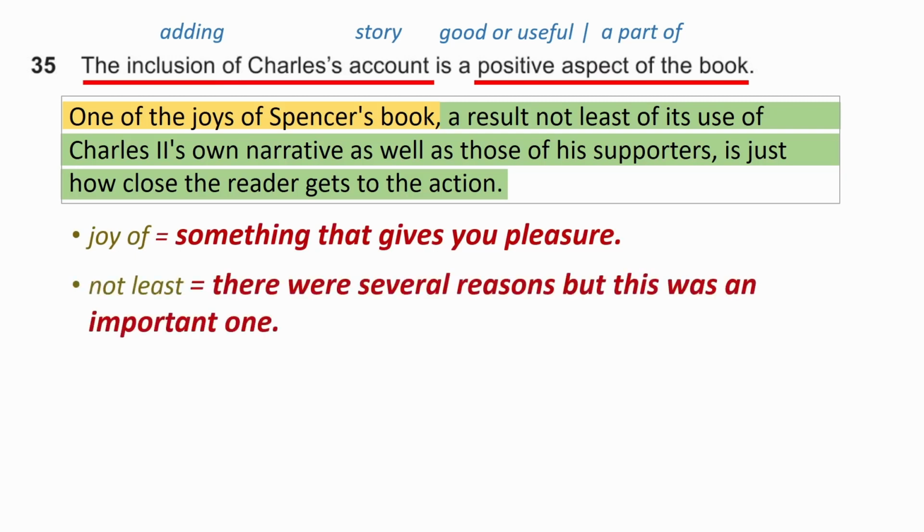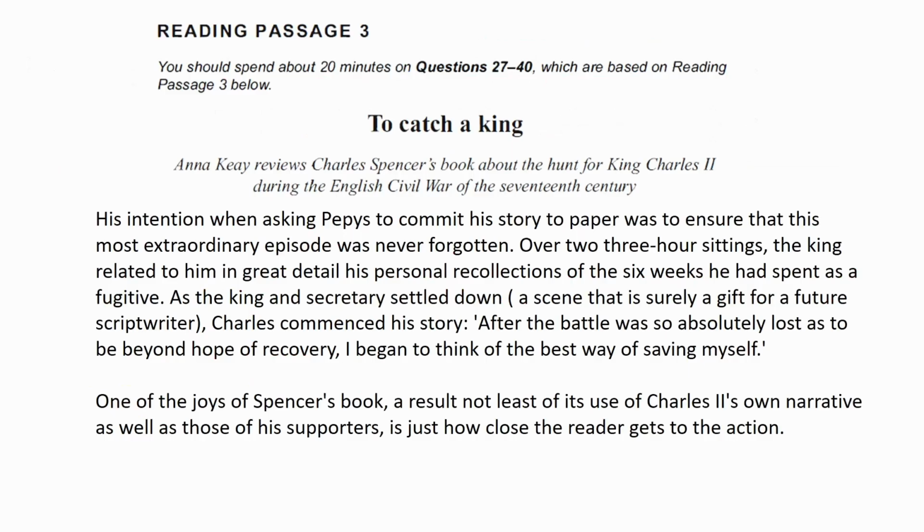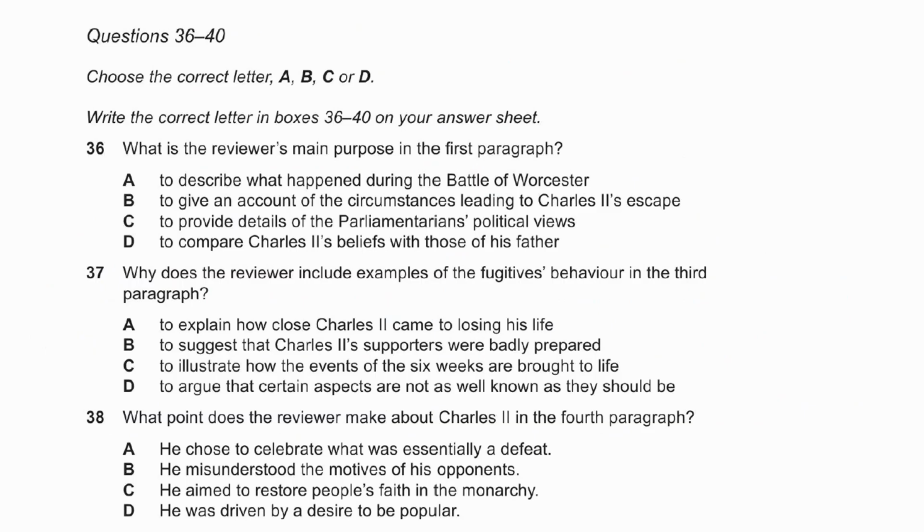Not least means there were several reasons, but this one was an important one. And positive, good, or useful. That's exactly the same as what the statement says. So it is yes. All right, again, as you can see, the answers are in the same order, one after another. Now, the last question type here is multiple choice questions.